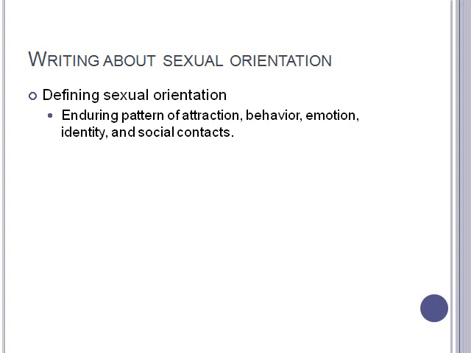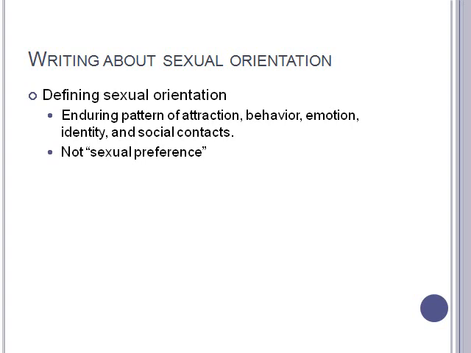That's the understanding in the literature right now of what sexual orientation is. And sexual orientation is not the same thing as sexual preference. You might write about sexual preference, but if you do, you're not writing about sexual orientation. That's about who you prefer to have sex with. And you may prefer to have sex with people who you aren't attracted to, because there are lots of reasons to have sex.